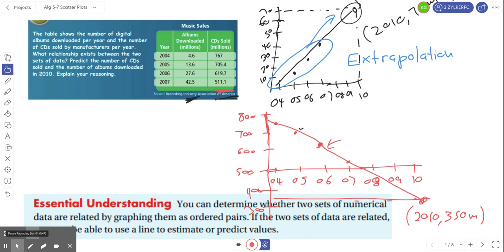But this line was the closest that I could get to a line that went through all the dots. So we call it a line of best fit. And there's actually a mathematical way to do this, and I'll show you how to do this on your calculator so you get the best possible line for any points, even if those points aren't exactly in a straight line. It's called a linear regression. We'll do that later.